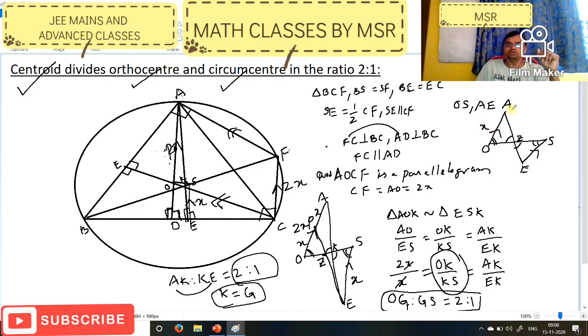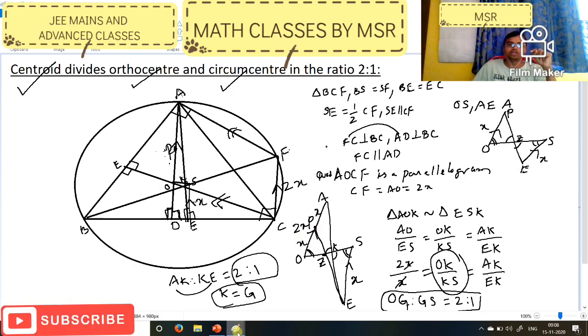Sorry, triangles POZ and SZE. Now PO length is x, SE length is also x, because P is the midpoint of AO I considered. PE will be our diameter of the 9-point circle.